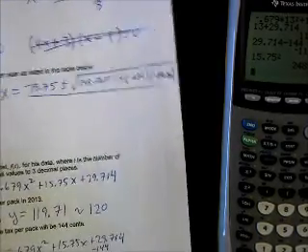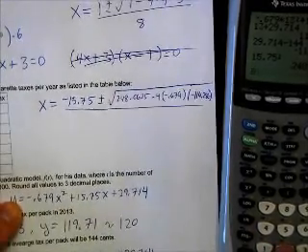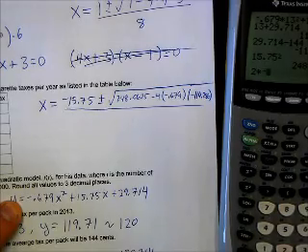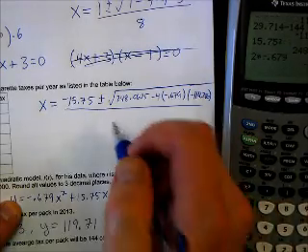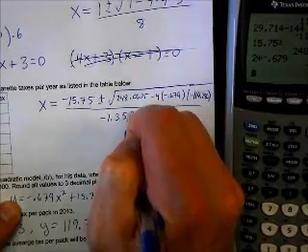I'll do that part on my calculator: 2 times negative 0.679 is negative 1.358.